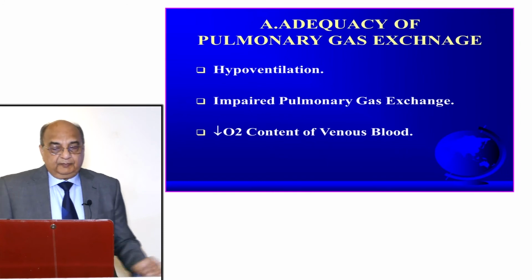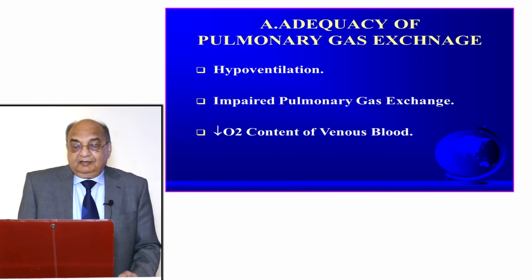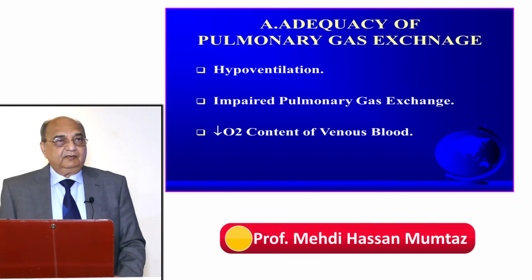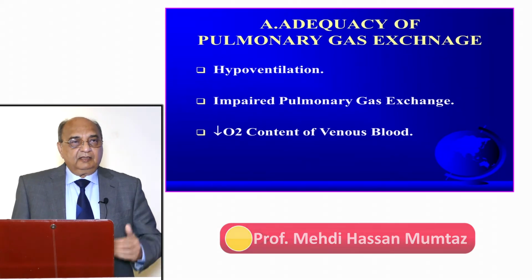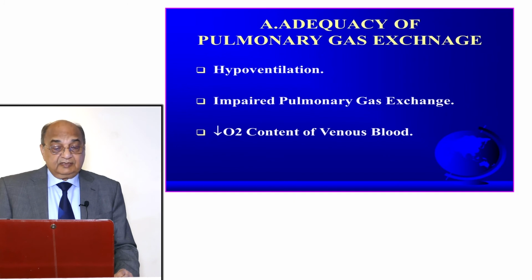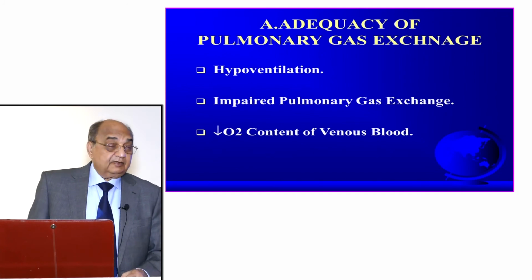Now, adequacy of pulmonary gas exchange means, when we are taking the patient off the ventilator, whether the patient is going into hypoventilation or whether the patient is maintaining the required level of ventilation. That we have to assess. Second thing is whether there is going to be some impaired pulmonary gas exchange or not.